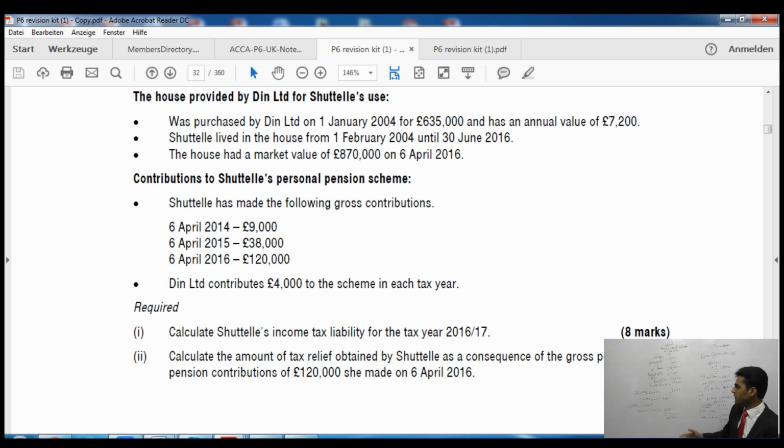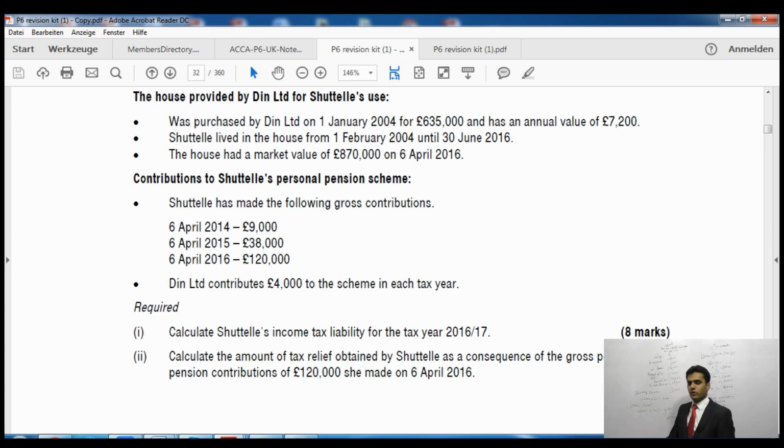Another benefit is that this is the gross amount, £120,000. This is the gross amount of the personal pension contribution. So we'll have to take 20% of that as well. That will also be the benefit. All right. So the net amount is going to be the excess, the benefit.